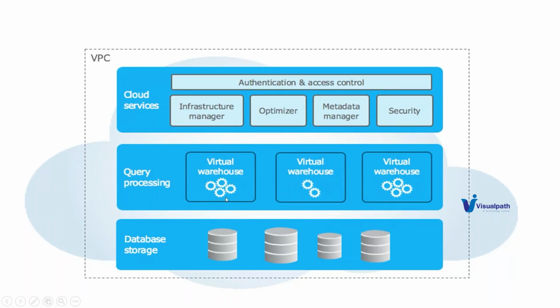The developer is accessing select star from employee, testing people also accessing select star from employee. So now both the virtual warehouses, or both the compute resources, are accessing a single common database storage. That's the reason the database storage layer acts as a shared disk architecture.